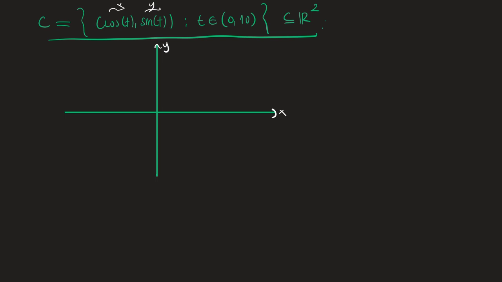Since I only need 2 pi to write this, because this thing is a circle, right? This is a parameterization of a circle. C is the parameterization of the circle with radius 1. So it gives me the circle.